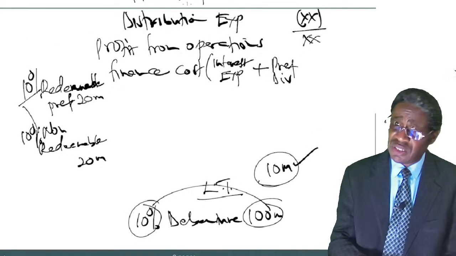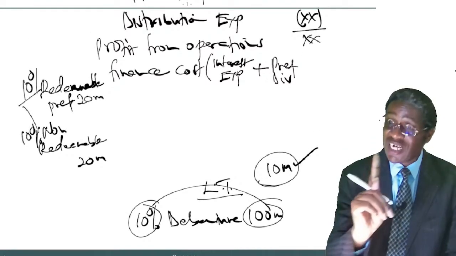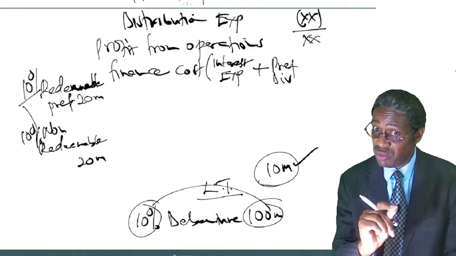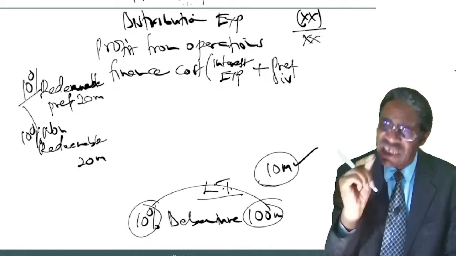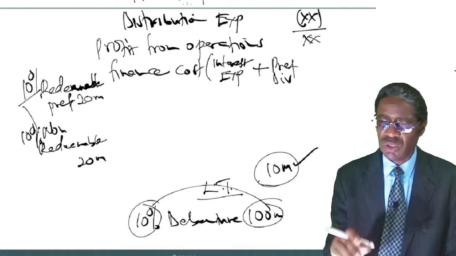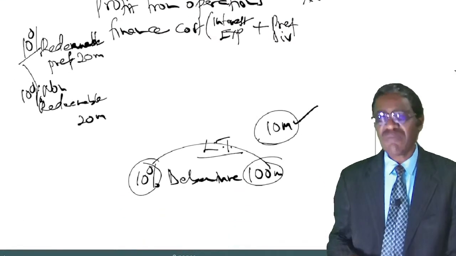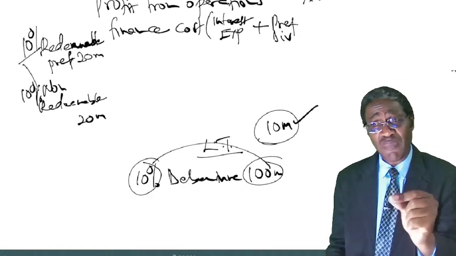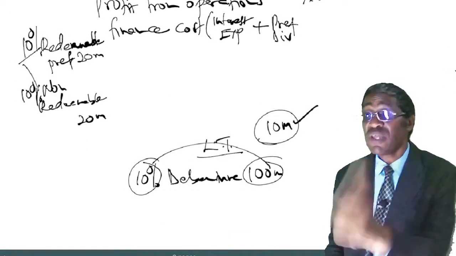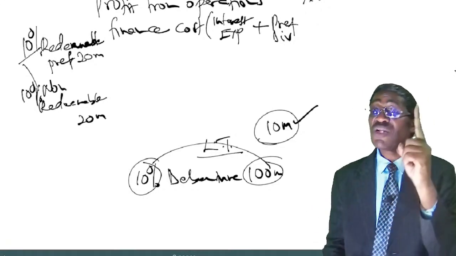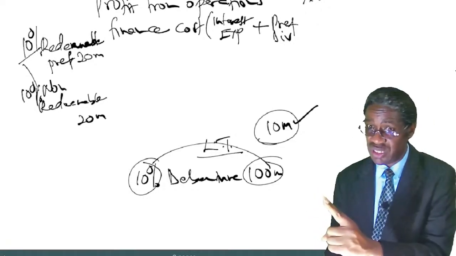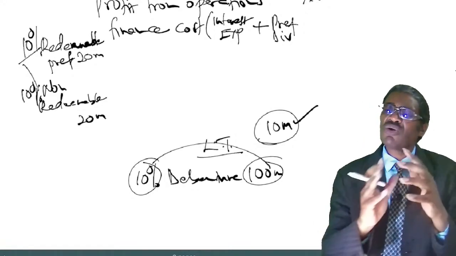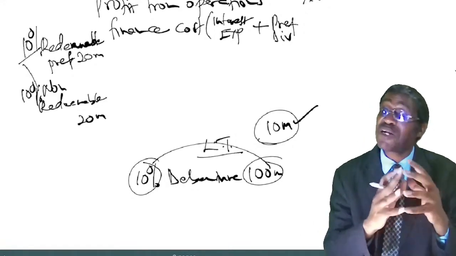Preference shares, I have said, can either be redeemable or non-redeemable. By definition, redeemable preference shares are those shares that when you as a company issue them, you must pay them back. That's why we call them redeemable. So redeemable preference shares, we normally don't consider them in the balance sheet as part of capital.